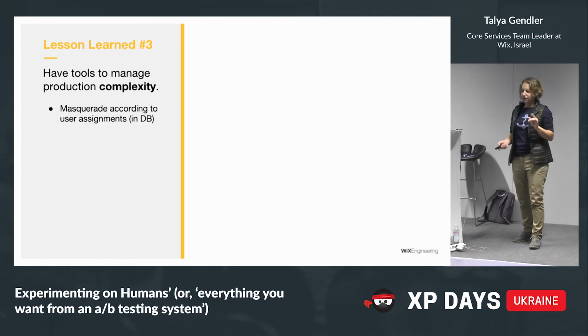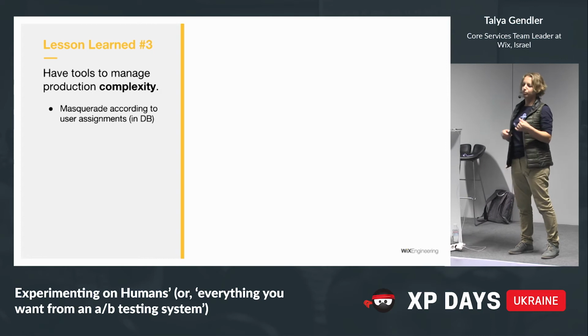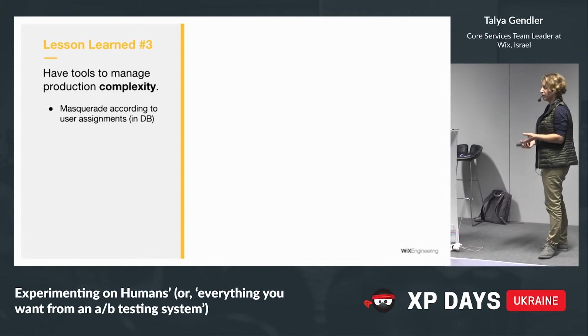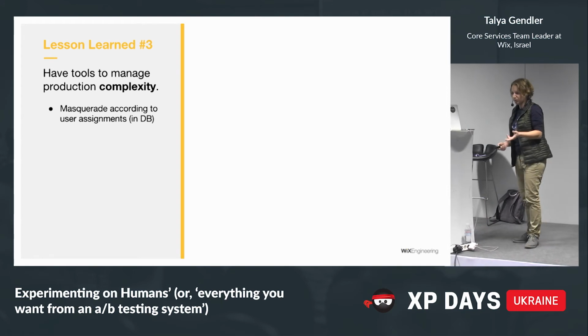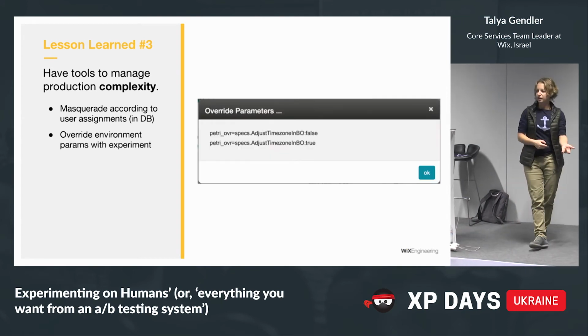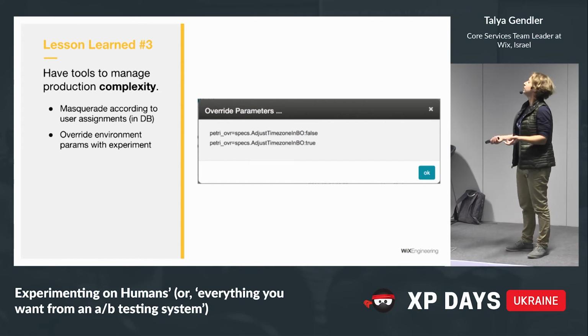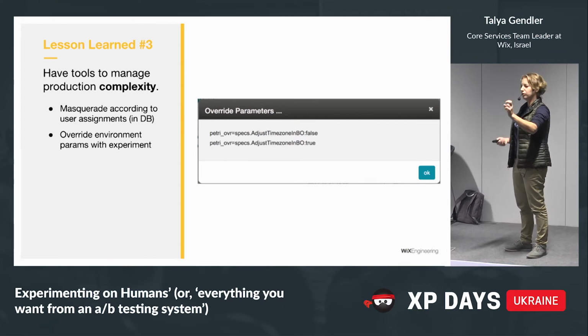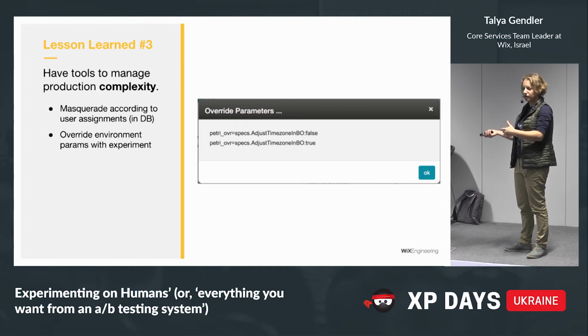So that's one thing. The other thing is that we realized that we have to bake in some tools to allow people to deal with this complexity, okay? So we have support agents who sometimes need to understand what users are experiencing. We have developers who need to understand what they're seeing on the screen. You don't even know which set of experiments you are in unless you go to the back office and start looking at each experiment.